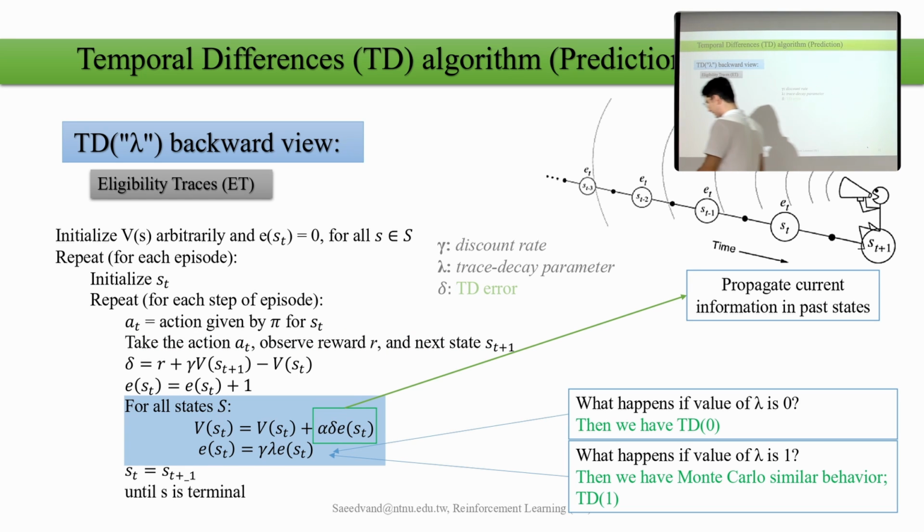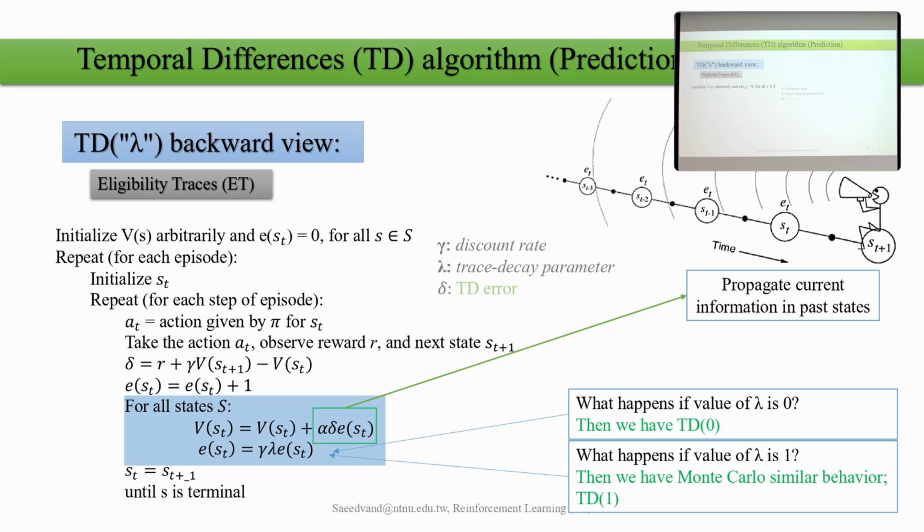So to understand it better and clarify for ourselves, let's have a look at the algorithm. Keep this in mind: we have the discount rate gamma, lambda the trace decay parameter, and delta as the TD error. Delta, the TD error, is the thing that we're going to calculate now in order to use it to update those states. That's the key idea.